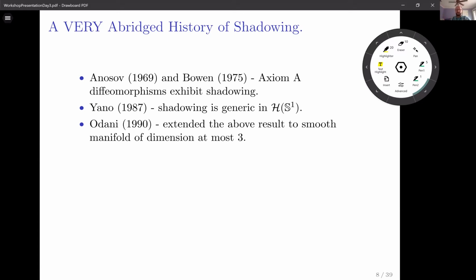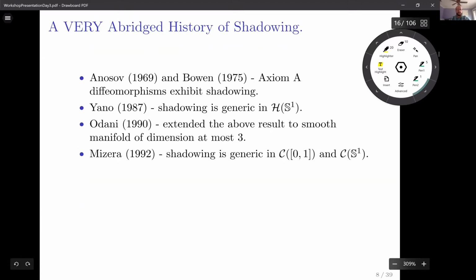And we know that dimension 3 is a big step in the world of manifolds. After this, Mizera showed that the shadowing property is generic in the continuous maps on the interval and the continuous maps on the circle. So this is a bigger result than the result for the homeomorphisms, although the homeomorphism case is a little bit more complicated.